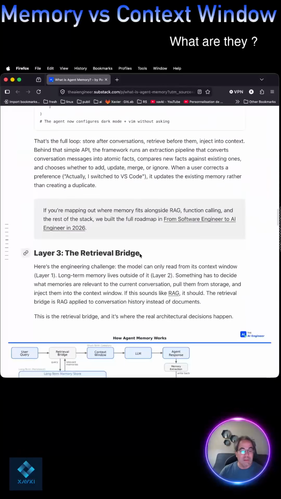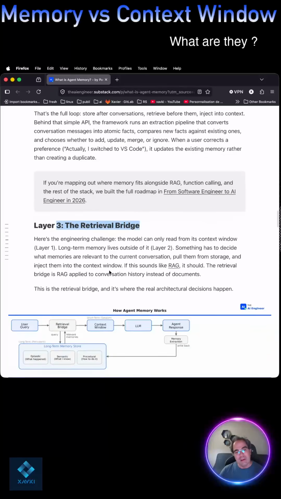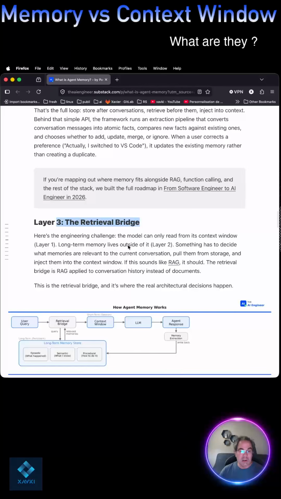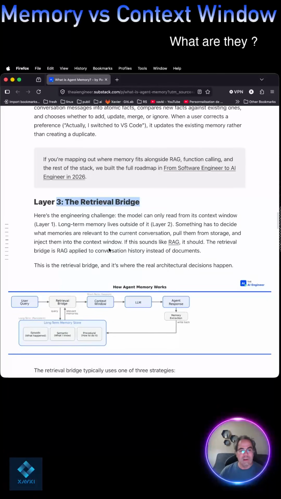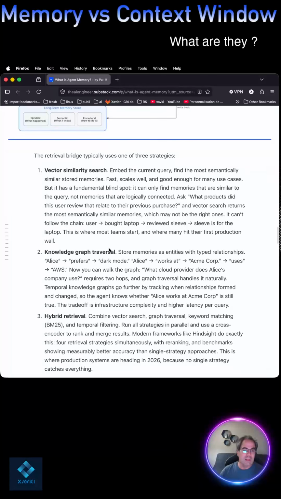So it's really interesting. And the third memory is the retrieval bridge. So it's more like retrieval augmented generation, but on internal memory, internal data. So the discussion, of course, but it's really interesting. And in this case, you have the vector similarity search.